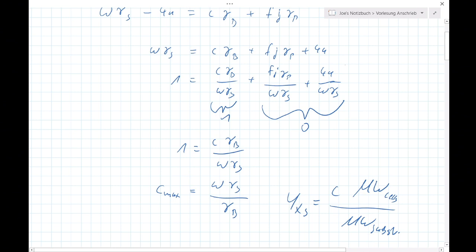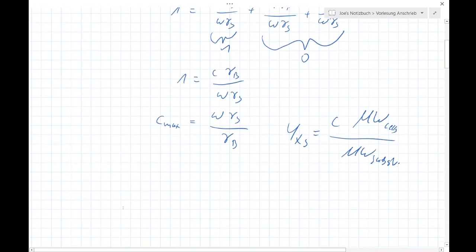And then what you can do now is just substitute your C here and solve it. You will put it in this equation, solve it for YXS, and then you have your maximal biomass yield, and this is then of course gram per gram, and this is more helpful.